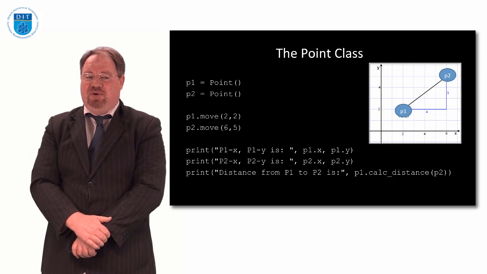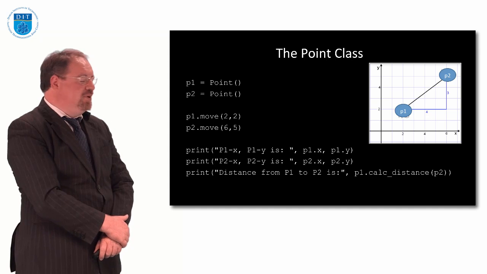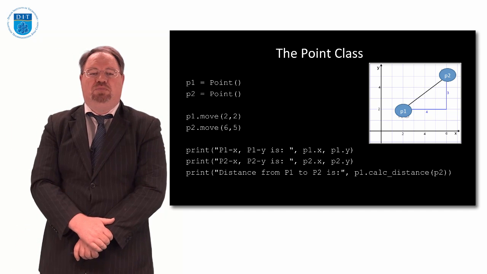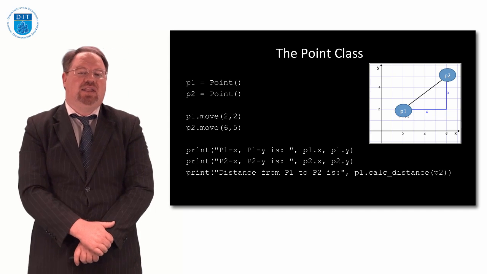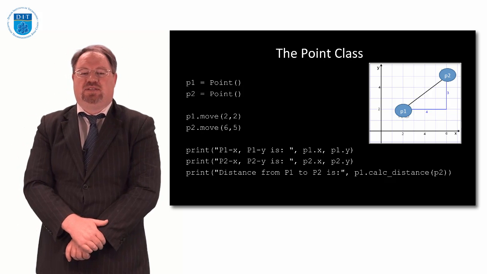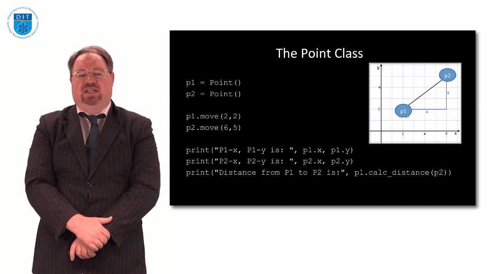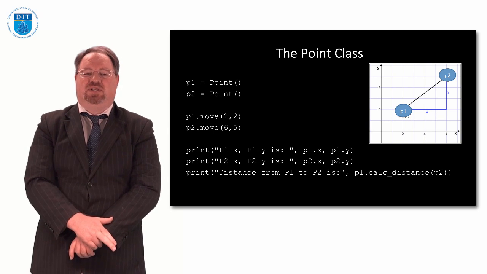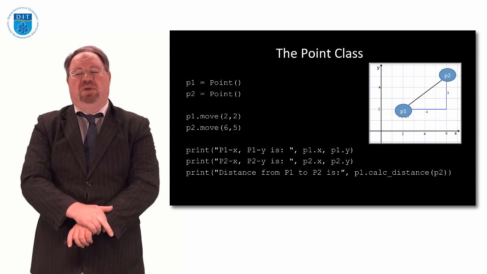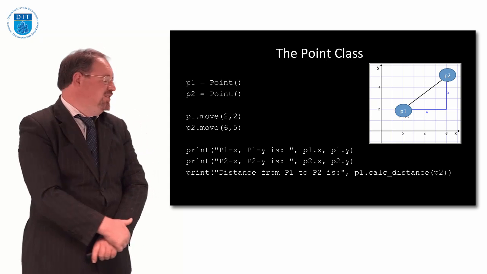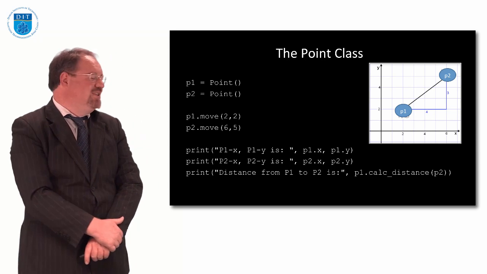So what would our code look like? If we declared 2 points, P1 is of type point and P2 is of type point, and let's say we put the value 2, 2 into point 1, and then we put the value 6, 5 into point 2. We could just say P1.x equals 2, P1.y equals 2, P2.x equals 6, and P2.y equals 5, instead of doing P1.move 2, 2, P2.move 6, 5.